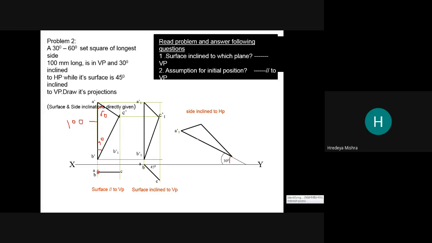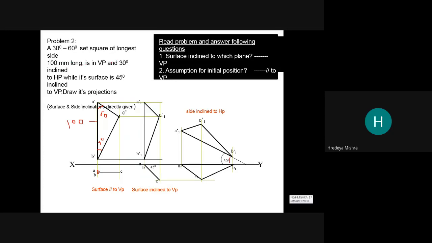Now draw the projection from ABC. We get the inclination of the actual triangle. So see, now you get the final step, the 100 long line.